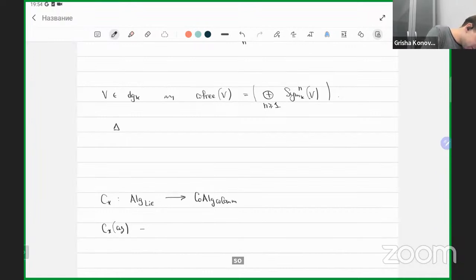Let me say it somehow fast. Maybe I should write a formula for delta.